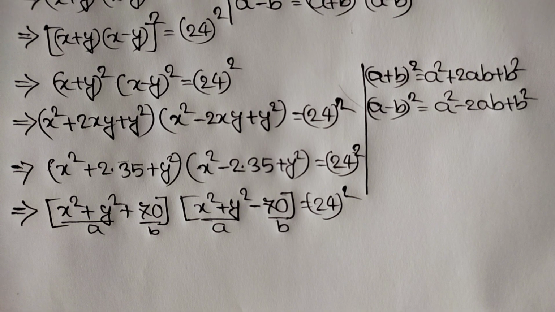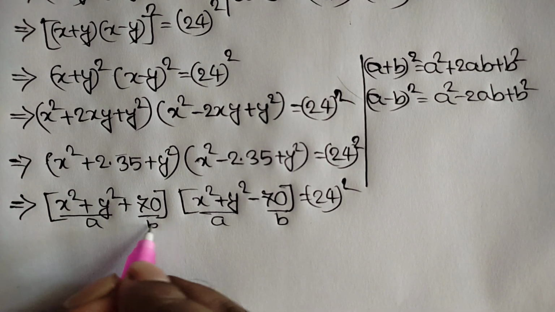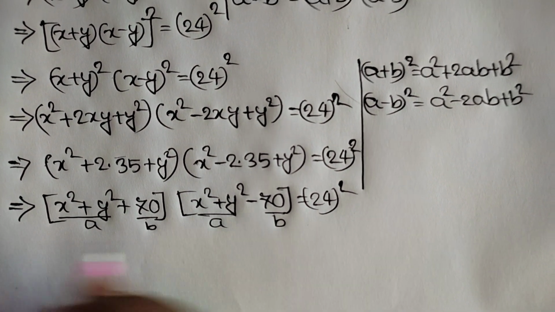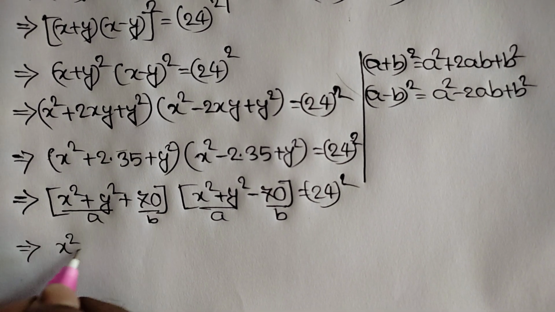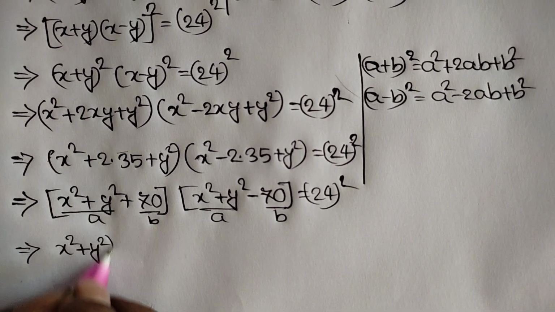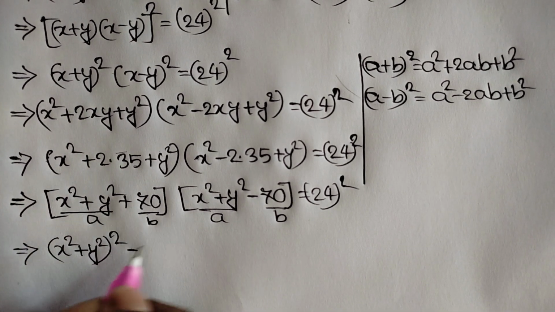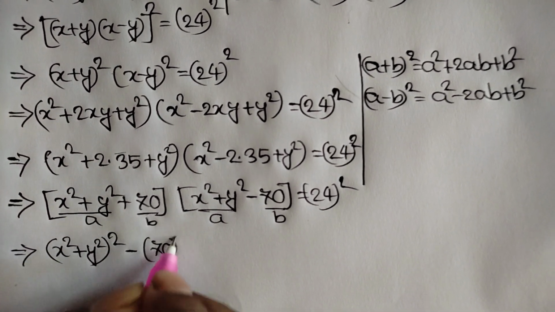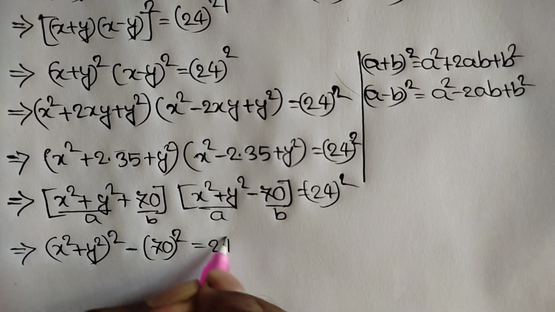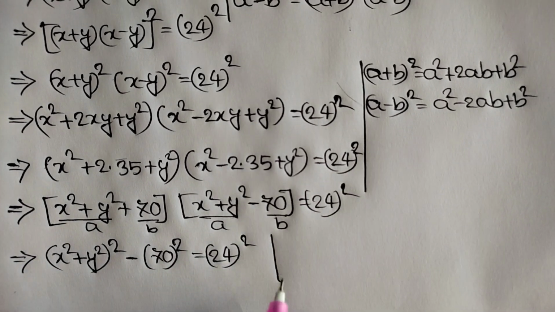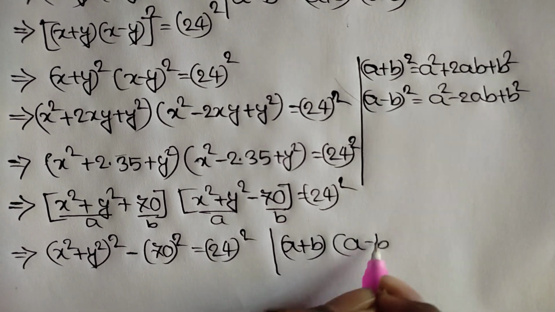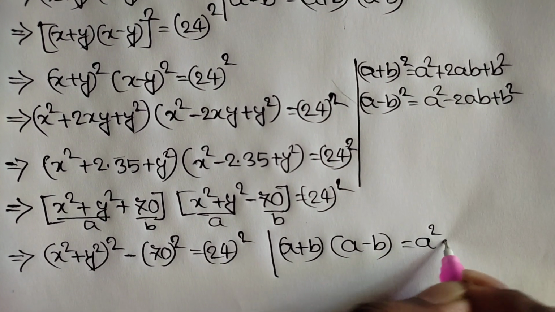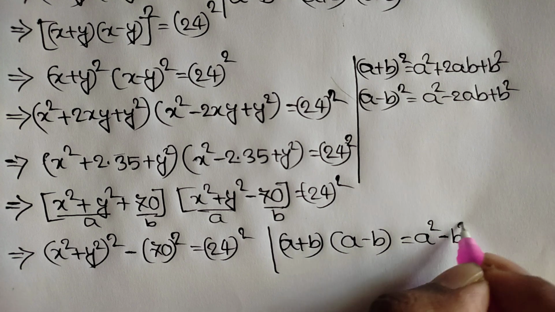So we are remaining with a plus b and a minus b. So we can write x square plus y square whole square minus 70 square is equal to 24 square, because a plus b times a minus b is equal to a square minus b square.